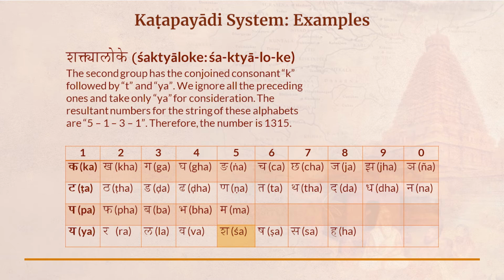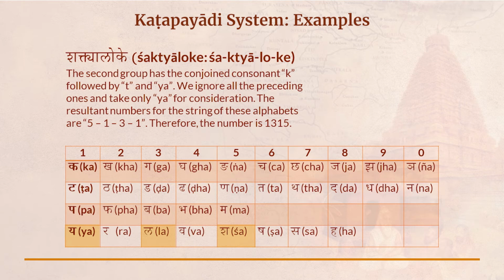In Ktya, we ignore all the consonants except the one before the vowel, which happens to be Ya. Ya is 1 as you see here, so therefore we take the number 1 as the second digit. Lo is La. La as you see here is 3, so the third digit is 3.